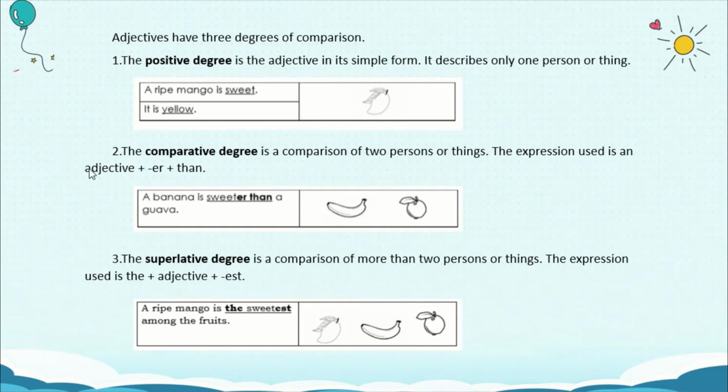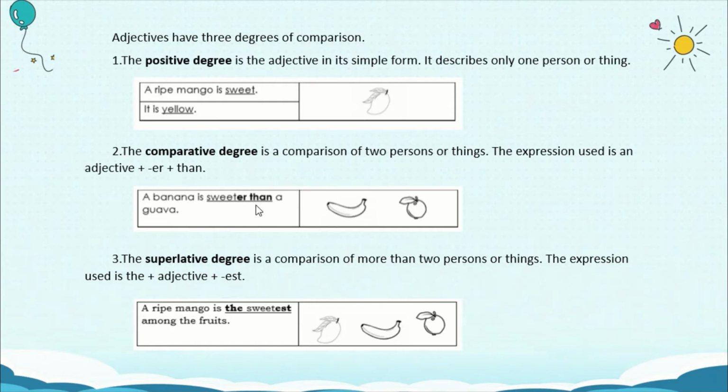The second one is the comparative degree. Comparative degree is a comparison of two persons or things. The expression used is an adjective plus er and the word than. We have an example. A banana is sweeter than a guava.